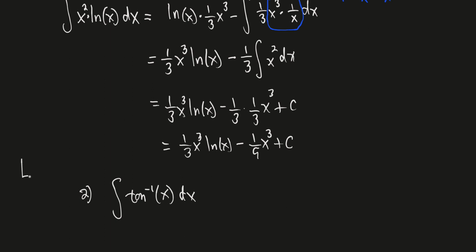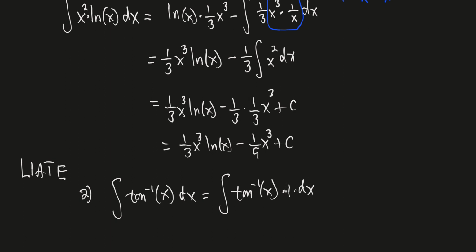So we have, let's put our little LIATE there. And the I stands for inverse trig, right? And you might say, well, I don't see a product. Well, here, if you want me to make it super clear, yes, there is a product there. It's arctangent times 1 times dx.